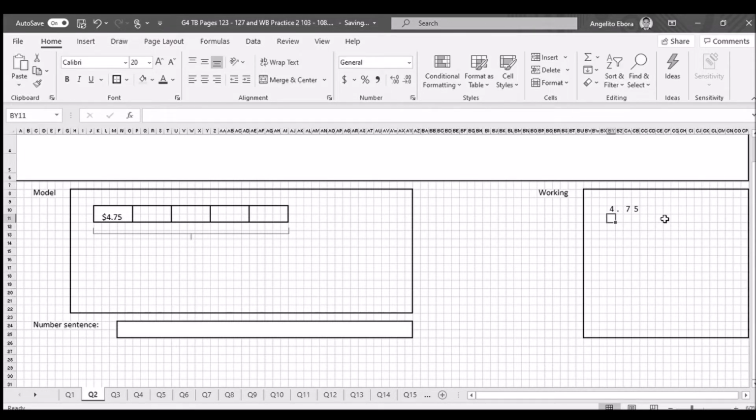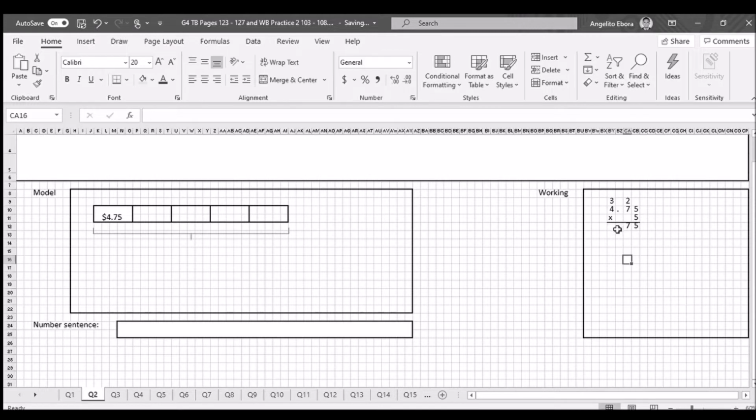$4.75 multiplied by 5. Okay, so 5 times 5 is 25. Regroup. So 7 times 5 is 35, plus 2 is 37. Regroup.